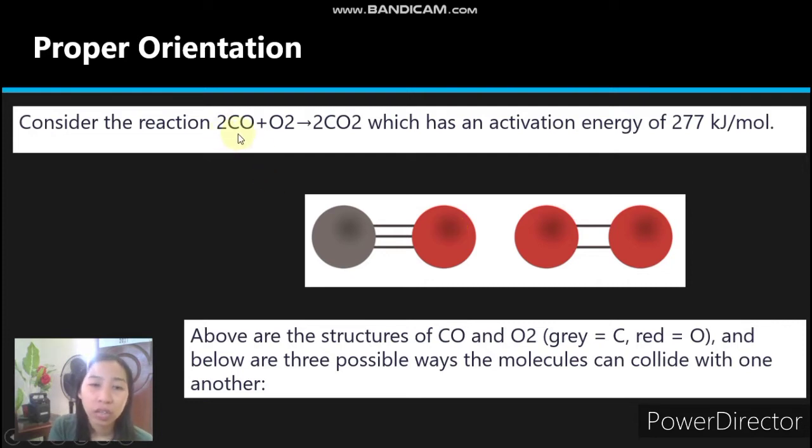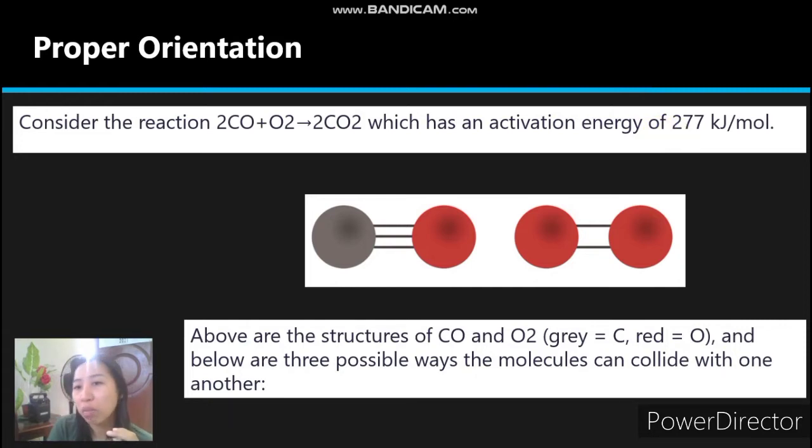So you have a reaction there nga naay duha ka carbon monoxide or 2 CO molecules plus O2 nga molecule. So oxygen, and this will yield to 2 CO2 ka molecules or carbon dioxide molecules nga duha ka buok, which has an activation energy of 277 kilojoules per mole.